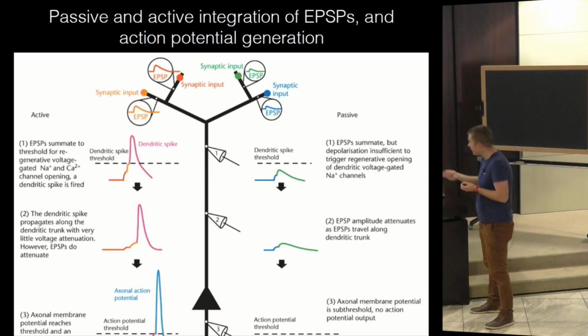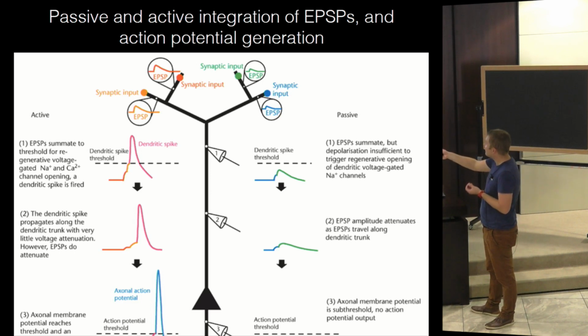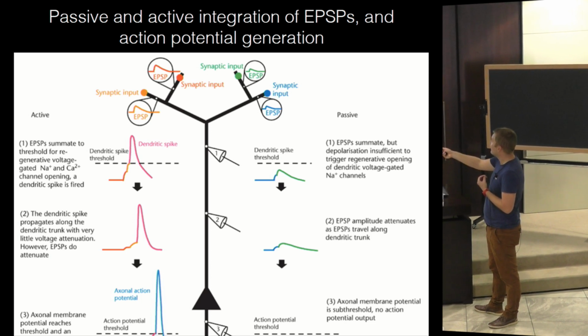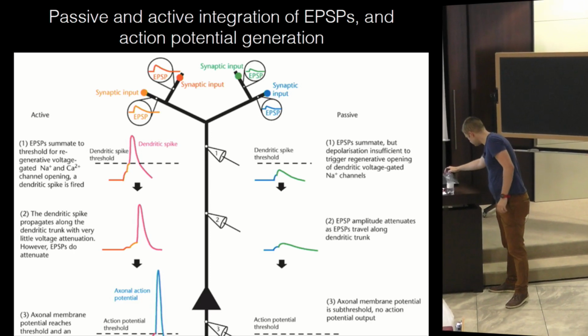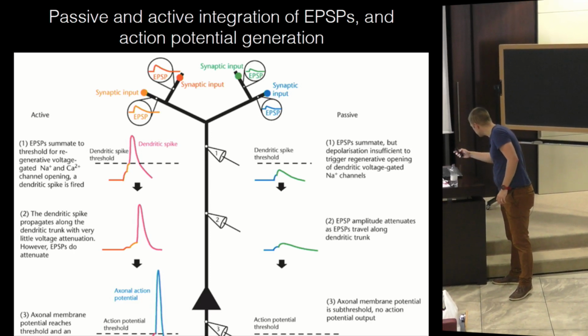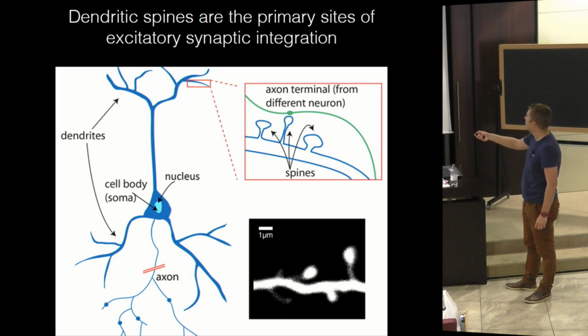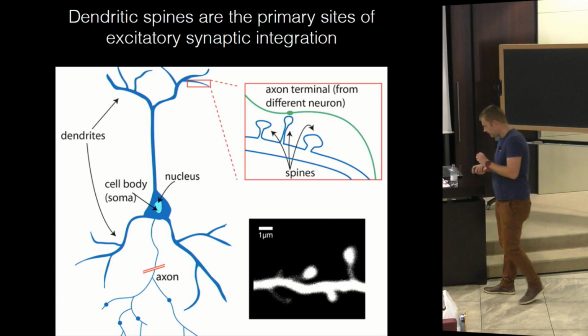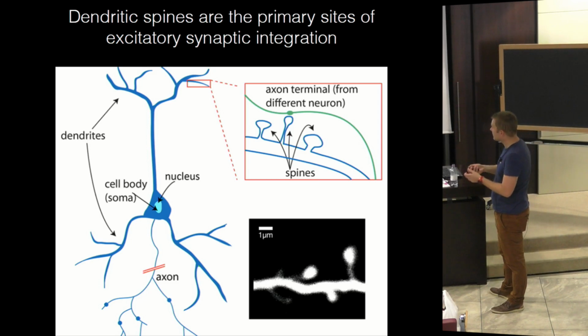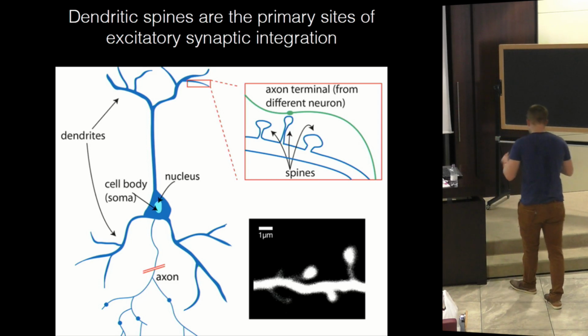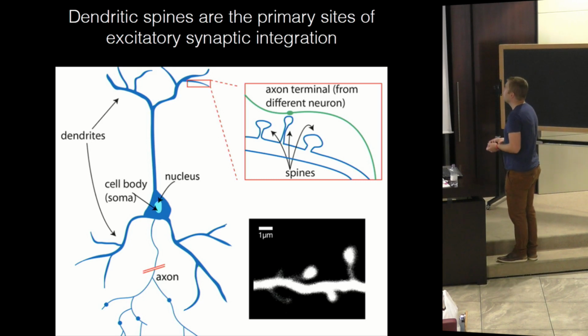Each excitatory PSP, actually most of them, arrive at these dendritic spines. On this dendritic tree, you have a lot of dendritic spines, and each of these is one connection, and you have to integrate all these hundreds of connections to generate or not an action potential.